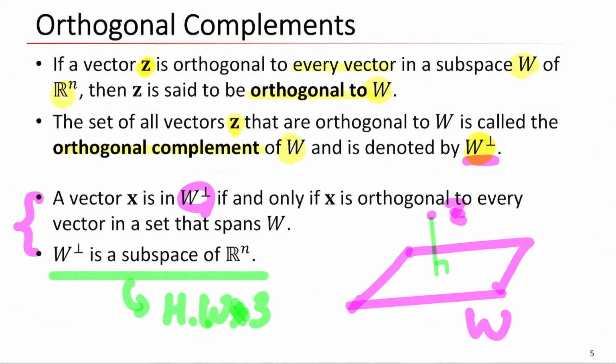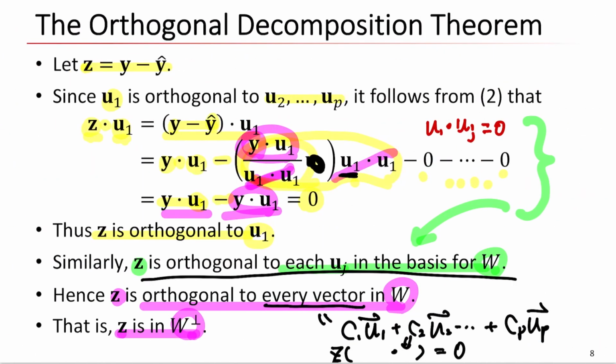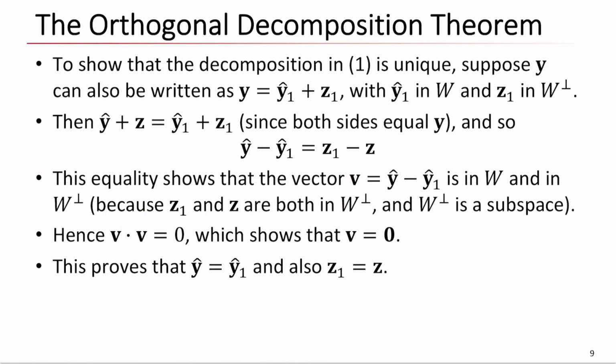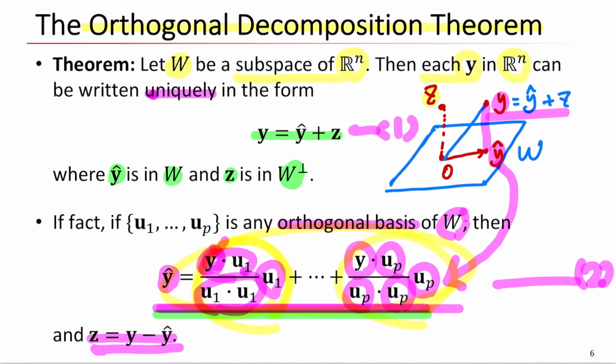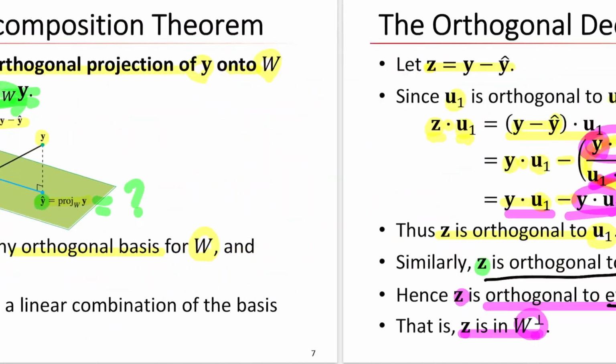So if you remember this property, this z is in W perpendicular, right? And then what should we do? We have to show that the decomposition in 1 is unique.